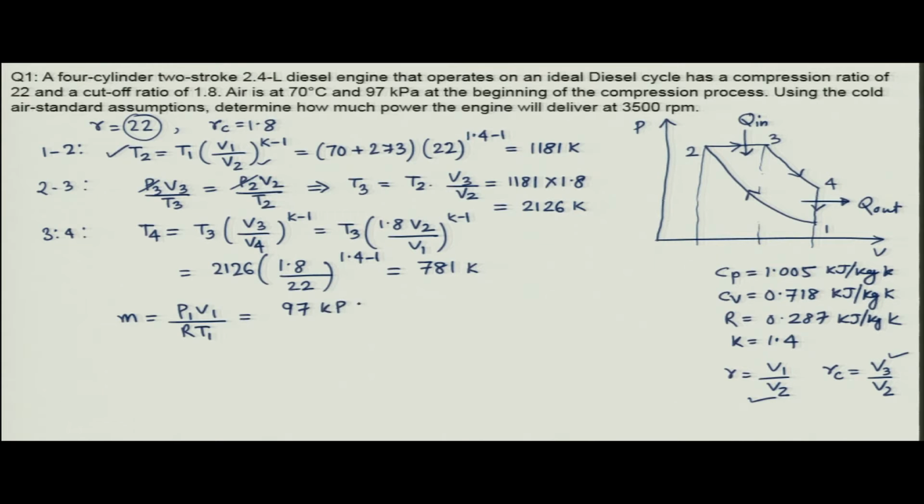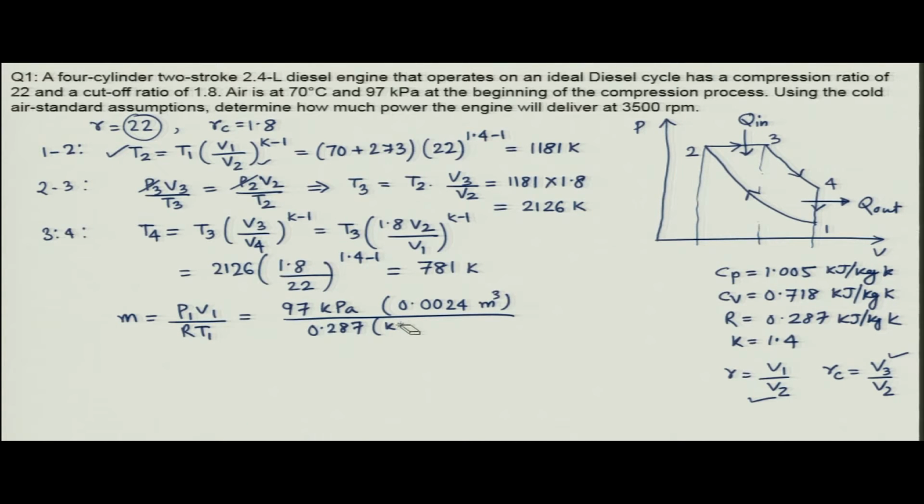And V1 is given, it is 2.4 liter. So, I can write it as 0.0024 meter cube. And R is basically 0.287 kilojoule per kg Kelvin.